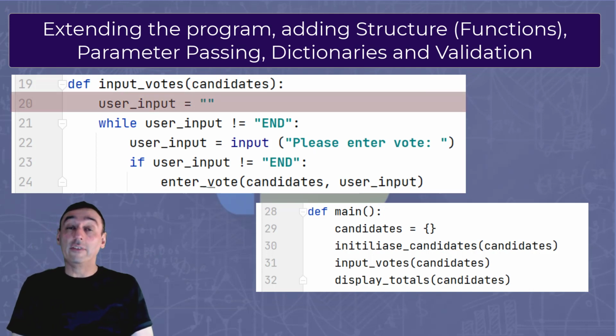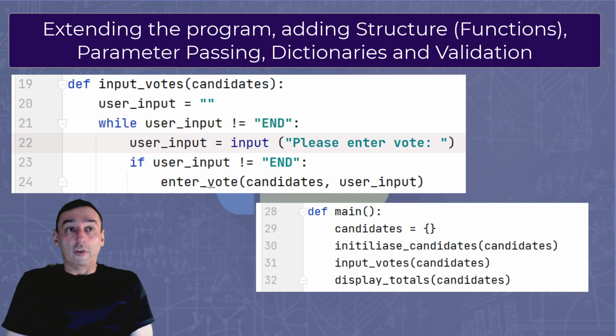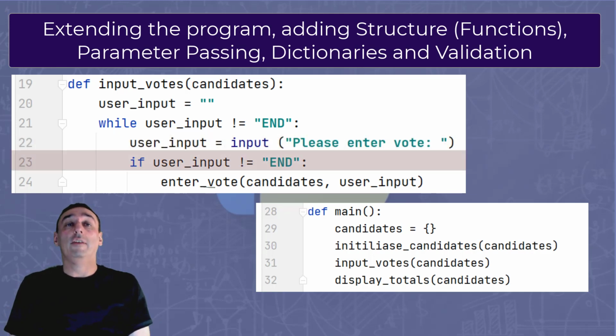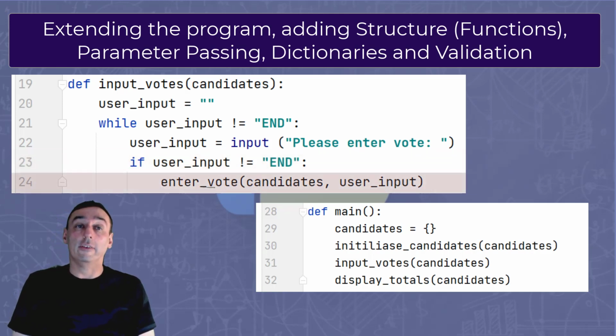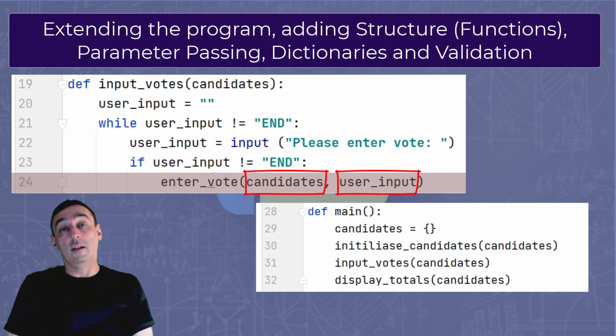In line 20 we then set the user input to nothing, while the user input does not equal end, so keep on looping until I enter end, get input from the user at line 22, and we say to ourselves, well, if I don't enter end, I'm not finishing the voting yet, then call the enter vote, passing the parameters candidates and the user input that I've just entered from the user.